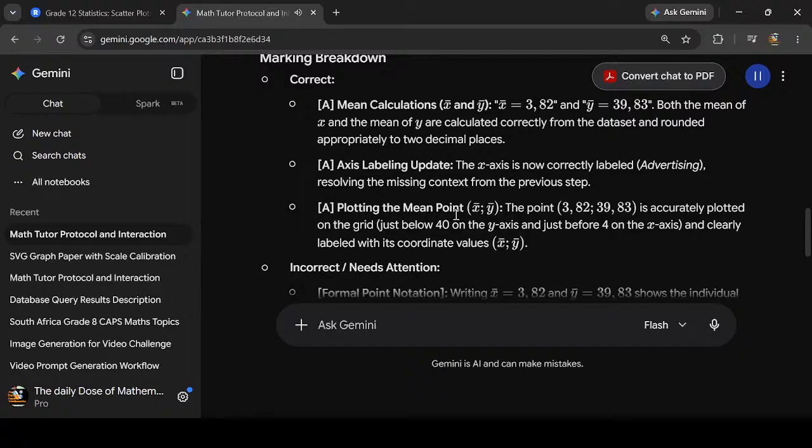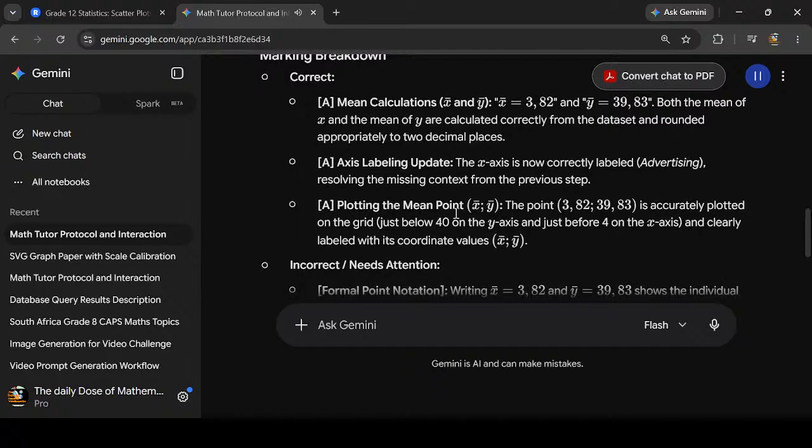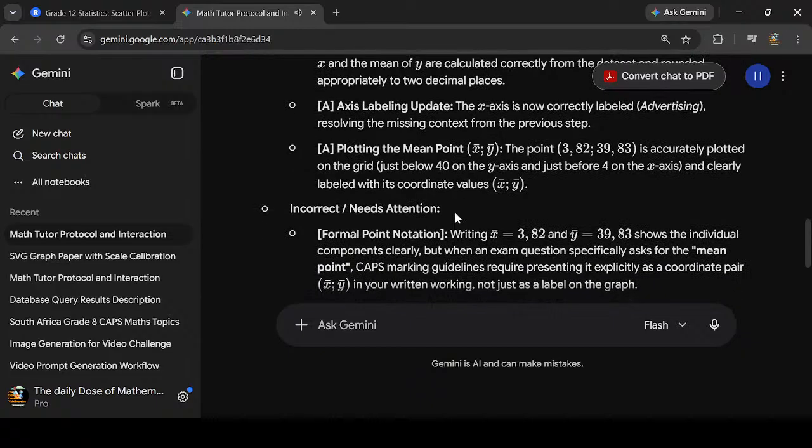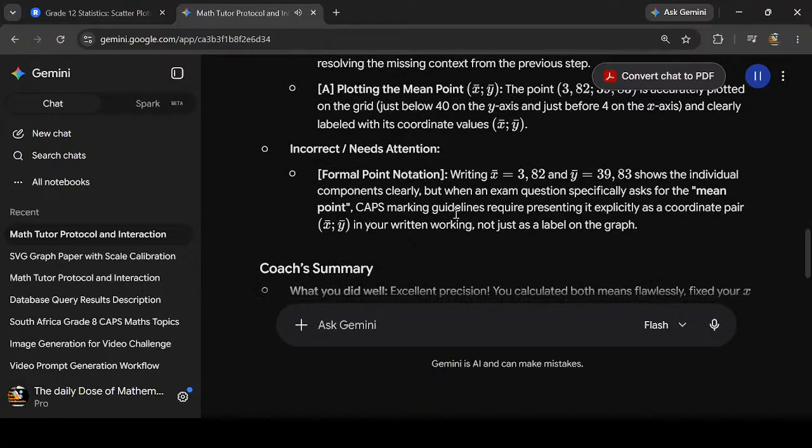Plotting the mean point: the point (3.82; 39.83) is accurately plotted on the grid, just below 40 on the y-axis and just before 4 on the x-axis, and clearly labeled with its coordinate values.